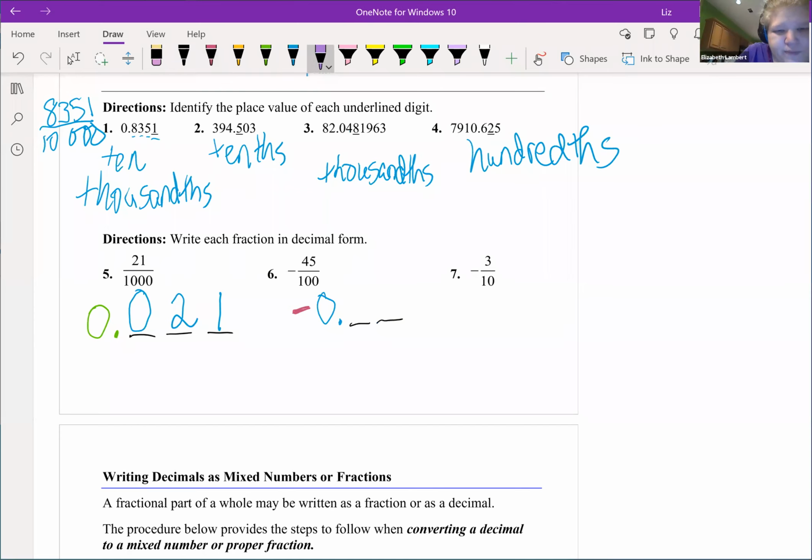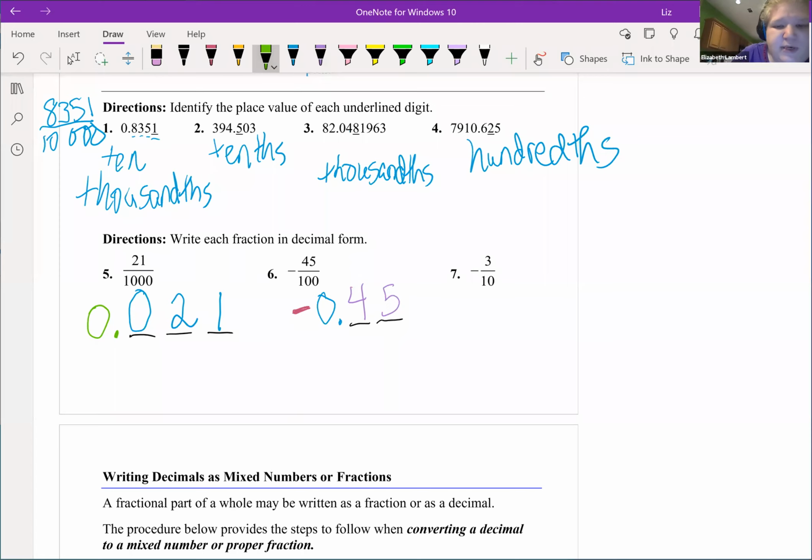Cool. So the 5 on the end in the hundredths, and then the 4 just before it in the tenths. And there are no other empty spaces, so that is the decimal. Negative 0.45, or negative 45 hundredths. Yes. Words, yuck.